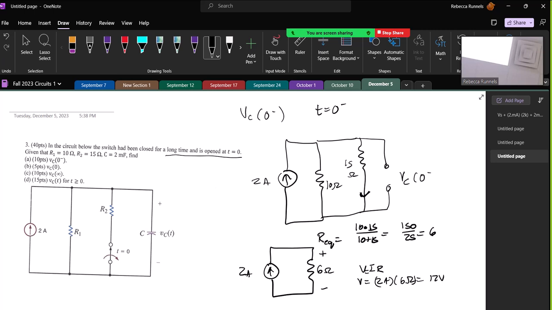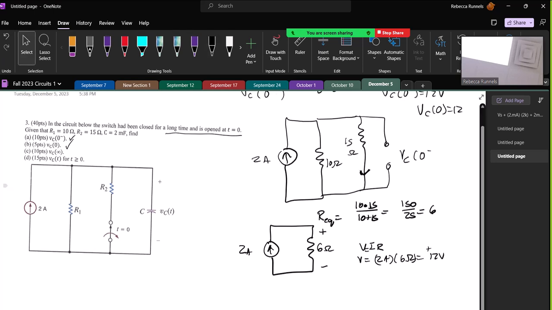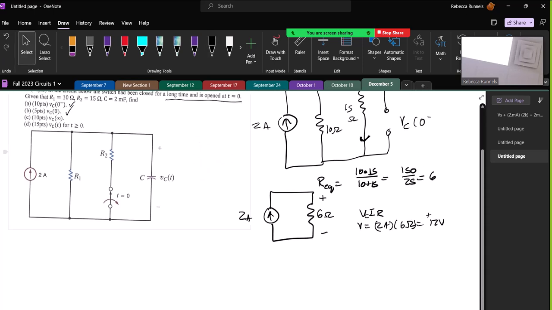The current goes from higher to lower, and so it is a positive 12 volts. So VC of 0 minus equals 12 volts. That means VC of 0 equals 12 volts because it cannot change instantaneously. So once you find A, you found B. So that's done.